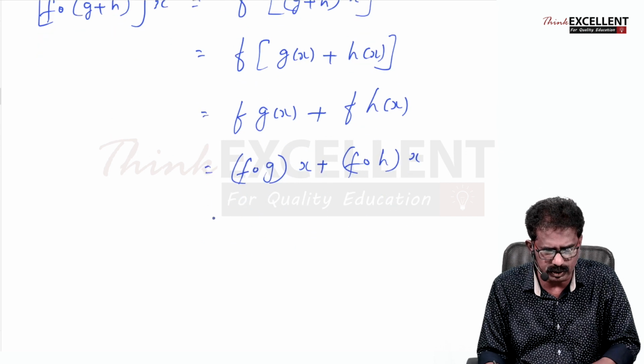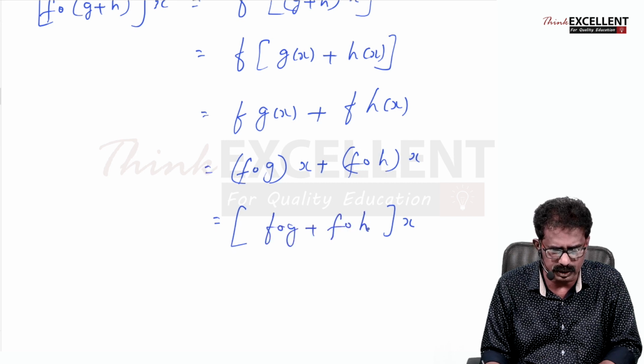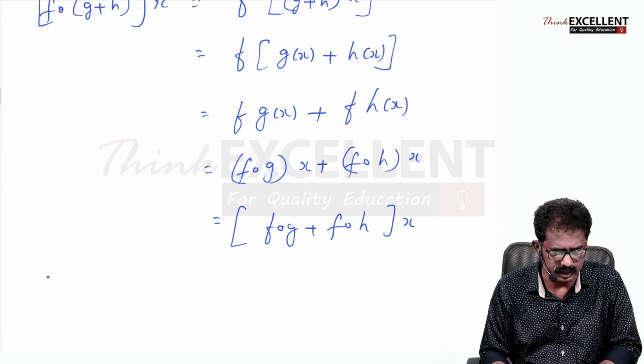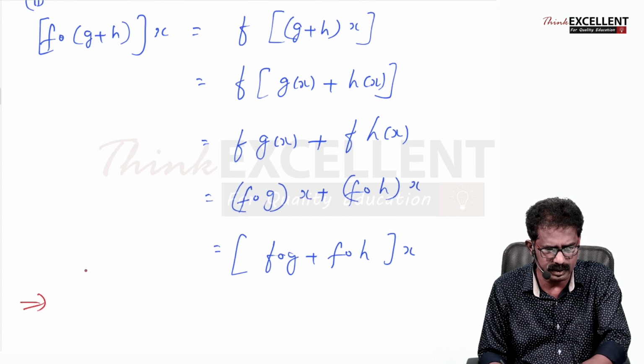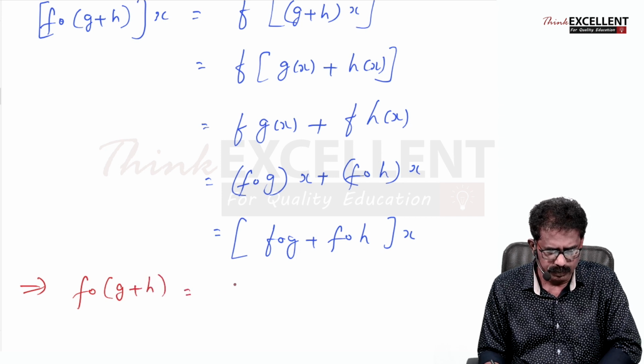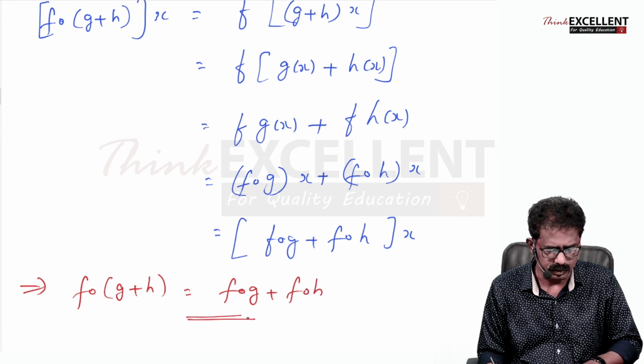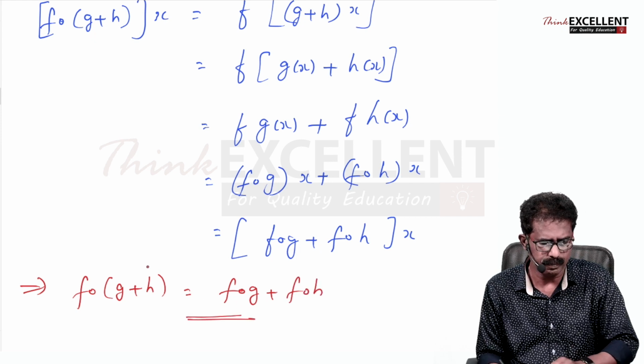In both the cases, you take that x outside: f composition g plus f composition h. So what's your answer? f composition g plus h equal to f composition g plus f composition h. Okay, this is the answer for this one.